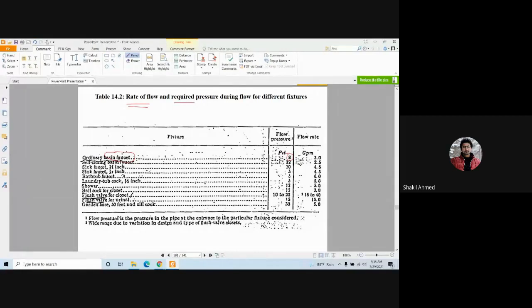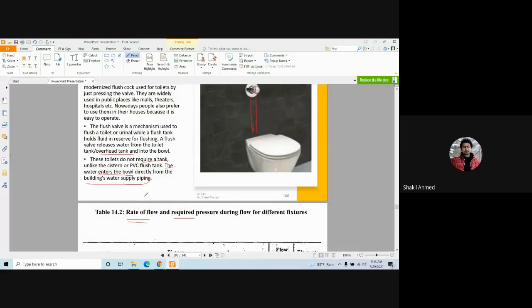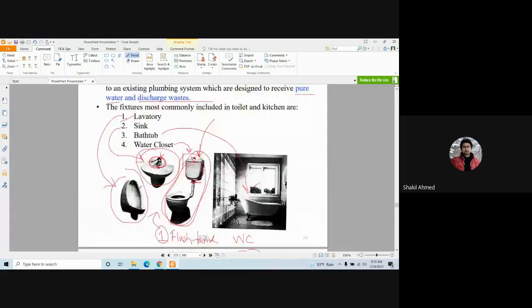Then sink faucet, 10 psi. Look at this. Flush valve water closet, how much? 10 to 20 psi. Flush valve for urinal, 15 psi. So this is the urinal, right?